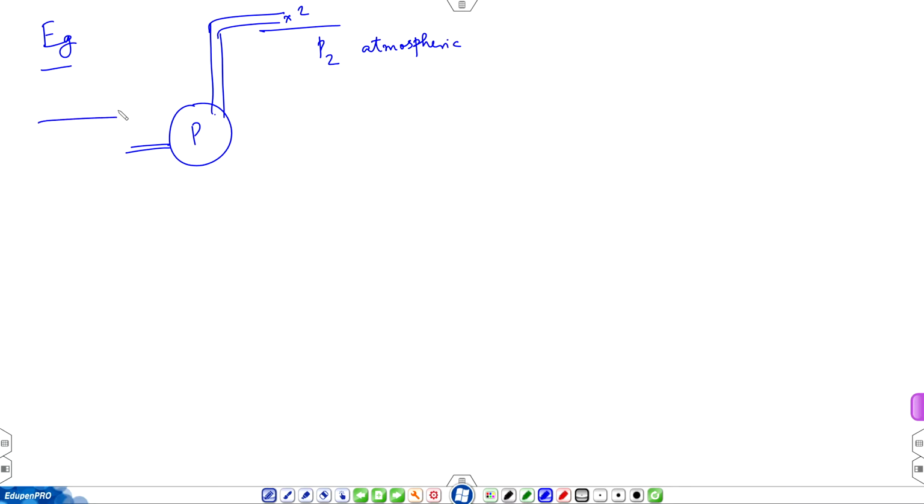And let us say this is the water level in the reservoir. You have the choice of picking your inlet as point 1 here, or it can be the inlet to the pump, it can be the inlet to the tube on the suction side of the pump. So, point 1 can be placed anywhere you want.